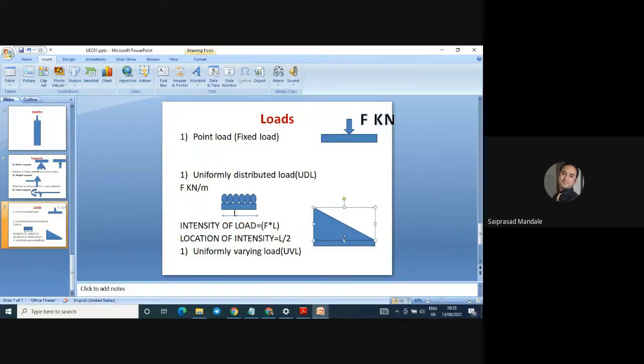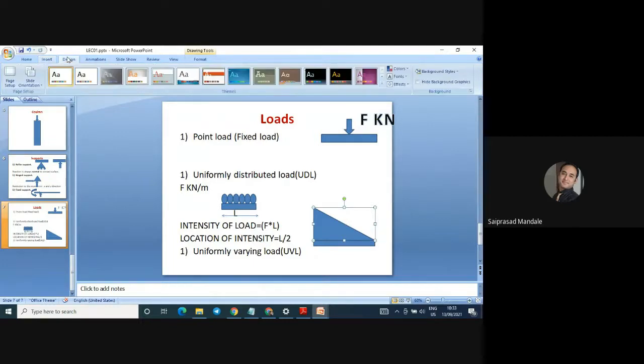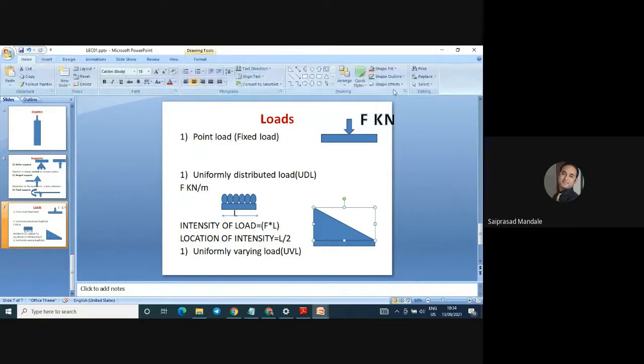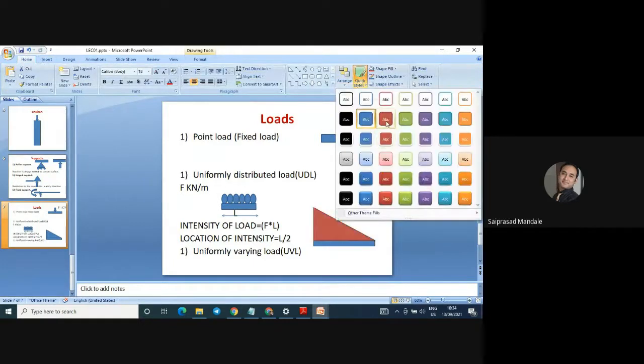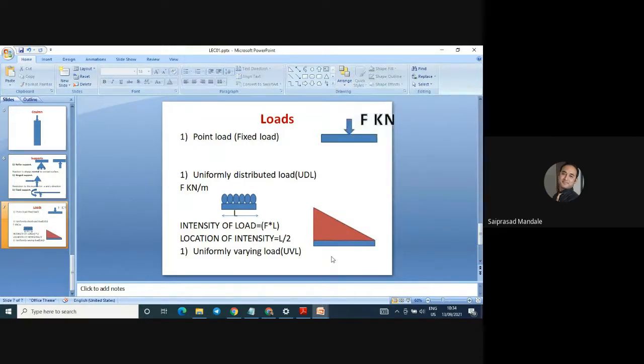This is the beam, and it has the uniformly varying load as drawn. The blue color is the beam, and the red color is the uniformly varying load.